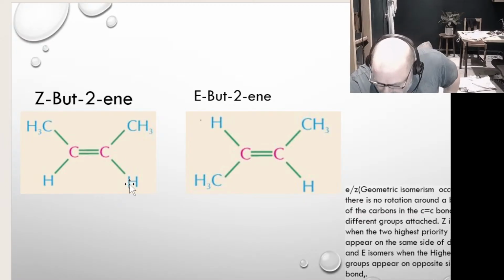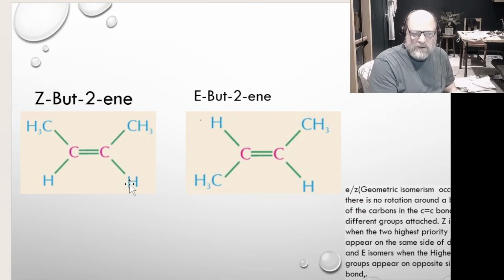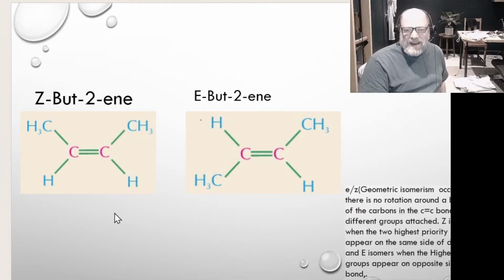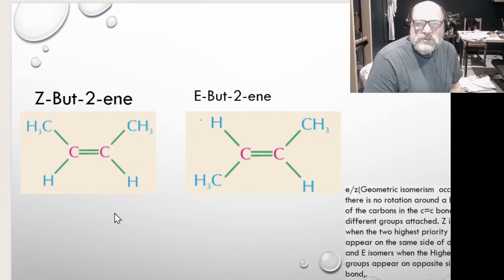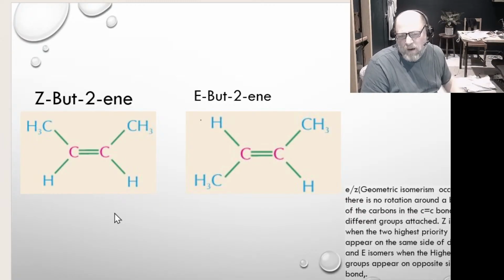Draw all the possible isomers of butane or butene. Do you mean butene? Butene or butyne? Yeah. Butene. Well, then we've got to go into structural isomers as well. So then we'll have like 2-methyl whatever.